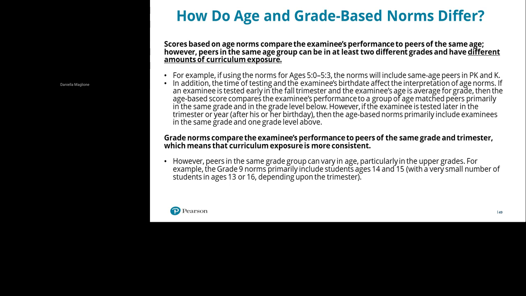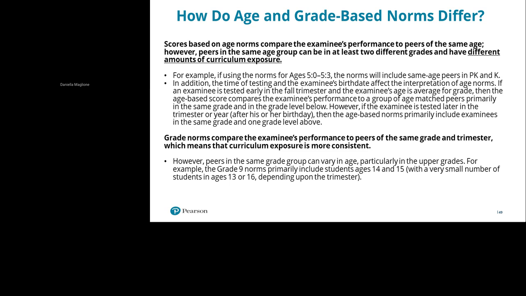All right, so age-based norms compare an individual to others of the same age. However, it goes without saying that individuals of the same age can be in different grades and, therefore, have different exposure to curriculum. For example, a 6-year-old may be compared to another 6-year-old in kindergarten and in the first grade.